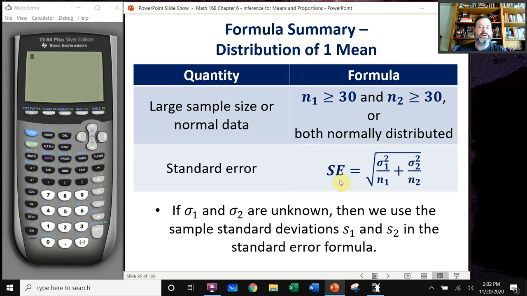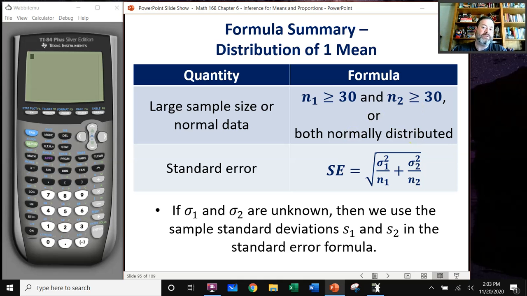Now this formula looks really similar to the one from section 6.2. All we're doing is just tacking on another sigma squared over n inside the radical. And the idea here is we need both samples to be large or normally distributed, or one of each. So each sample has to satisfy the large sample condition individually.